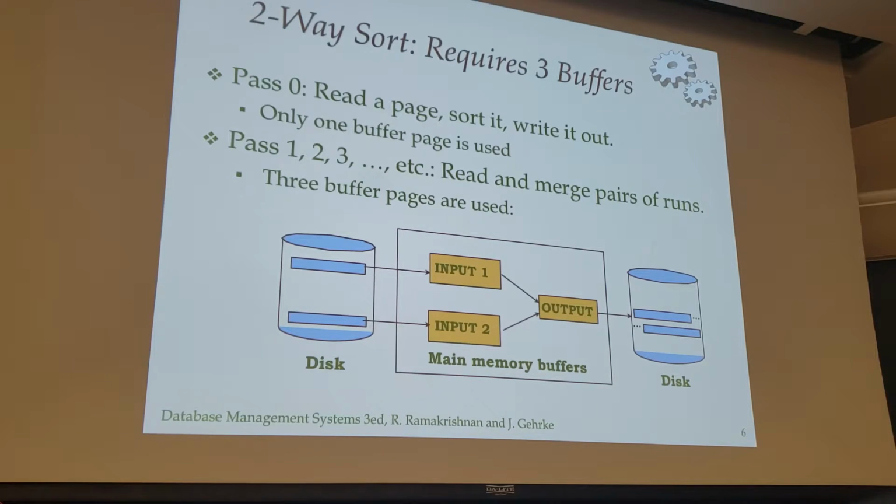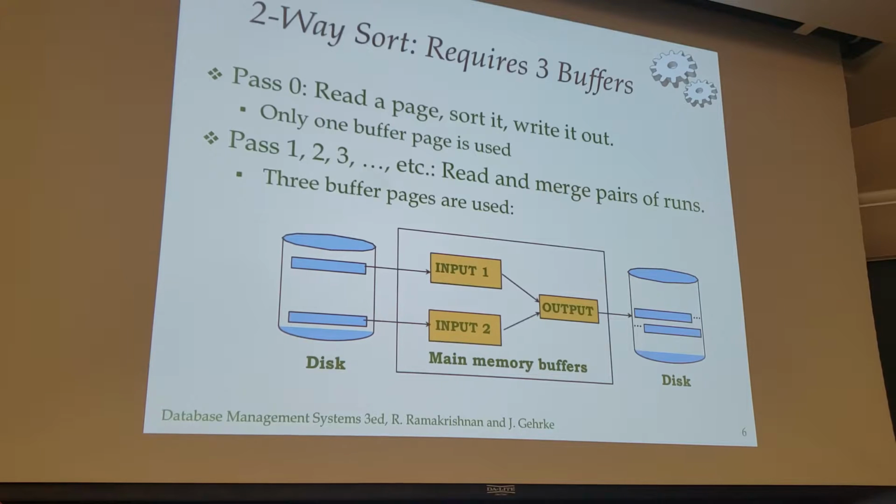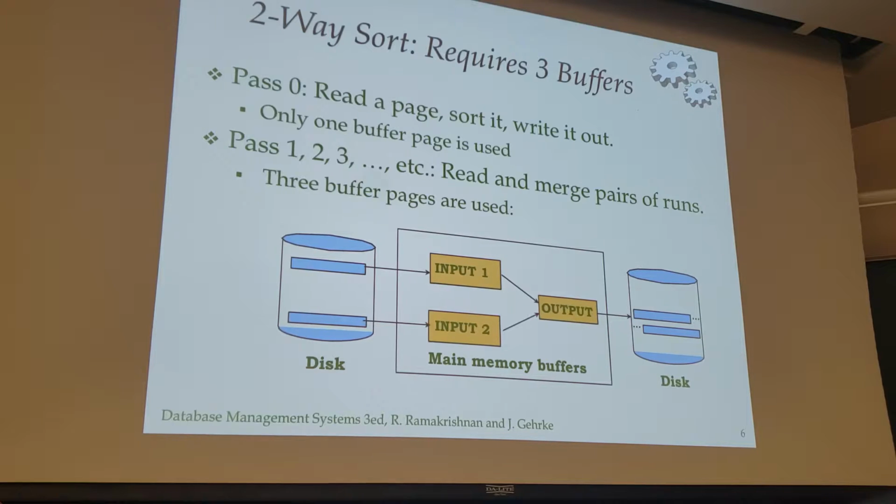But eventually the output block is going to get full. No problem, we'll just write the output block out to persistent storage. Then we'll have a free output block, and again we'll continue with whatever is left in input 1 and input 2. And so we'll output 2 blocks. So at the end of pass 1, we'll have n over 2 things, each of which is size 2.